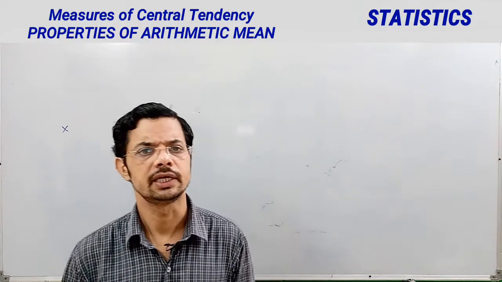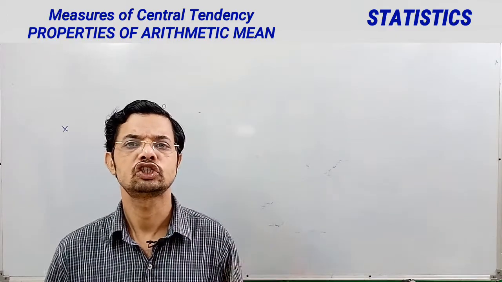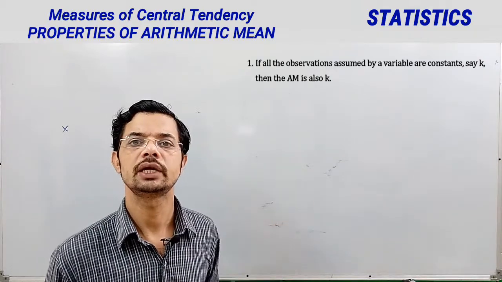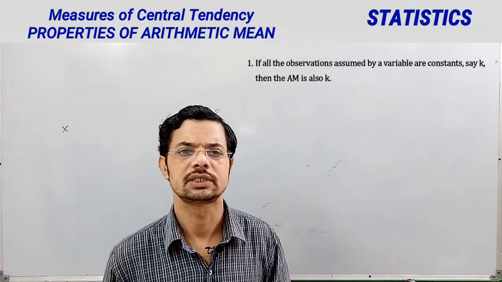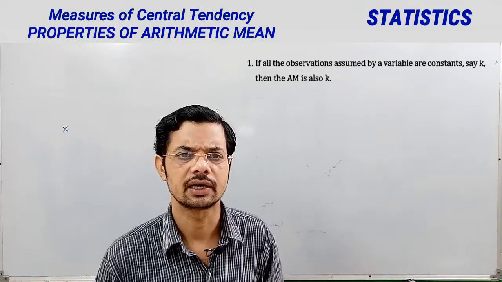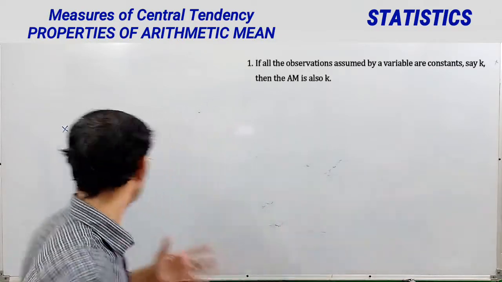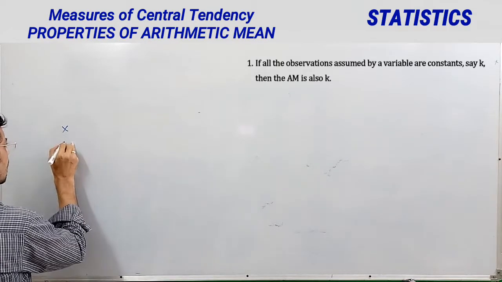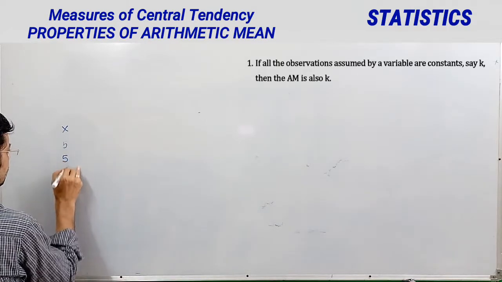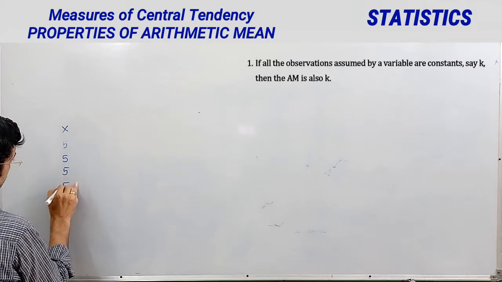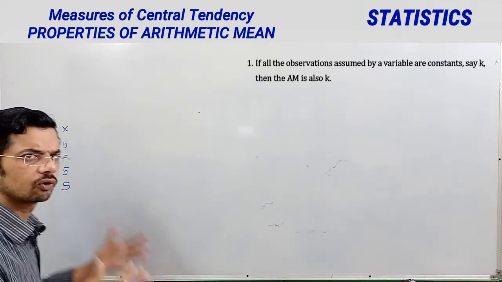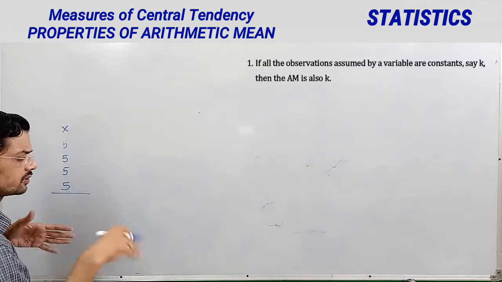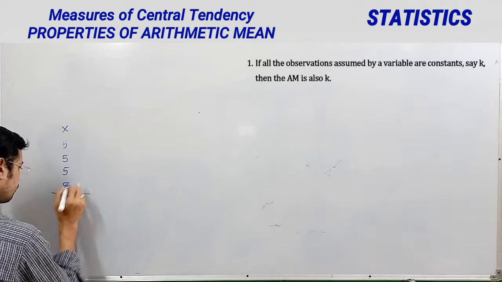The first property is that if all the observations assumed by a variable are constants, say k, instead of k, if I take 5, say all the observations of the particular variable are 5, and there are 4 observations, all 4 of them are 5s, then what will be their mean? Mean means the sum of observations divided by n.